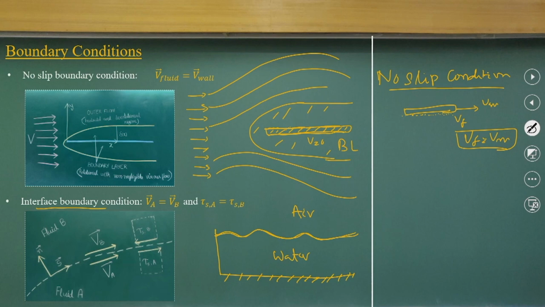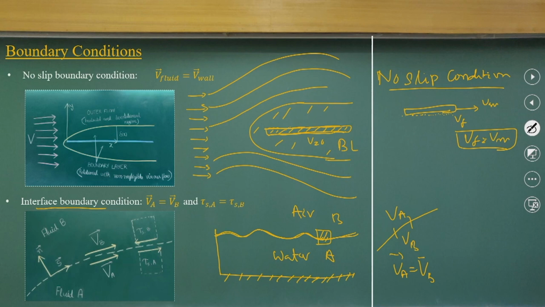If I zoom in and take a small element, the no slip boundary condition will be there between the two media A and B: the velocity components VA and VB, vectorially, should be the same. Magnitudes and scalar components should be the same.